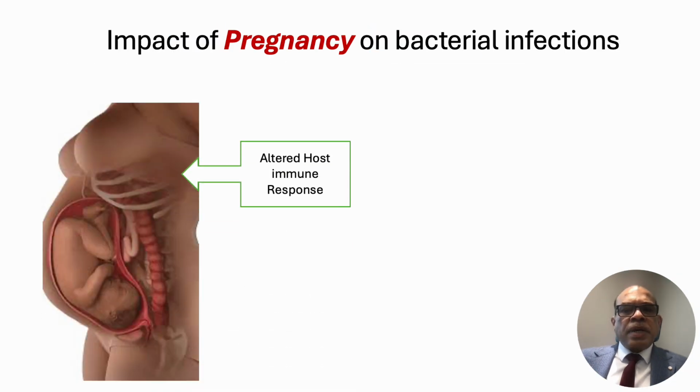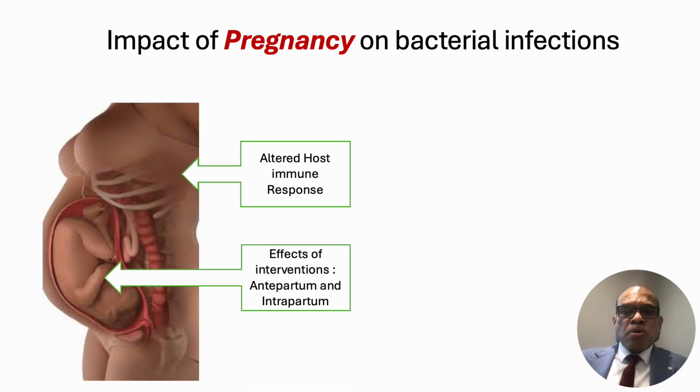So pregnancy has special risk factors because of altered immune response, and we do lots of interventions apart from membrane sweep, including artificial rupture of membranes, repeated vaginal examinations, and in some countries, unfortunately, despite evidence concluding that it is not useful, they use a technique called fetal scalp blood sampling, where they are using invasive instruments entering into the amniotic cavity.